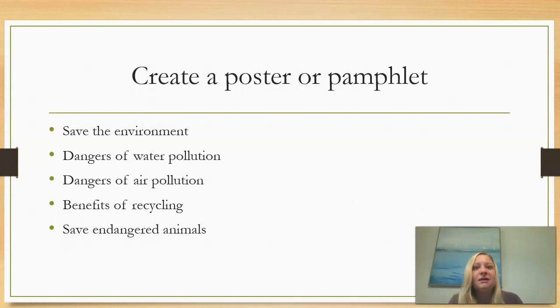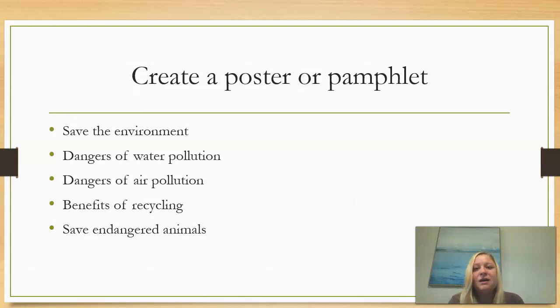We had a really long discussion on Friday about how some animals are being hunted for their furs and for the elephant tusks and different things like that. We also talked about other ways that animals are becoming endangered and what we're doing to protect them.